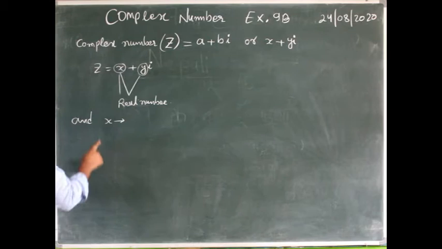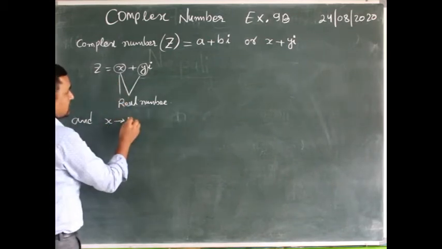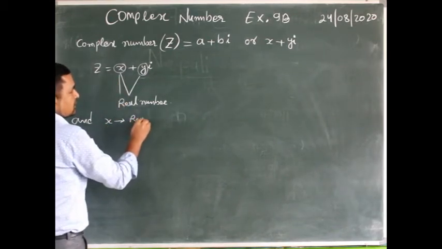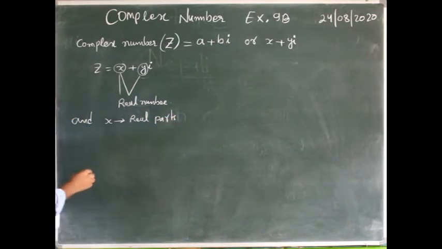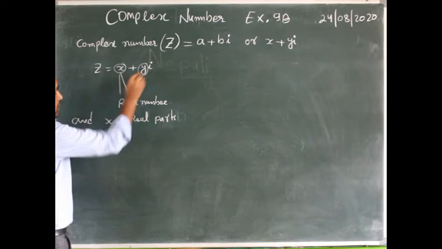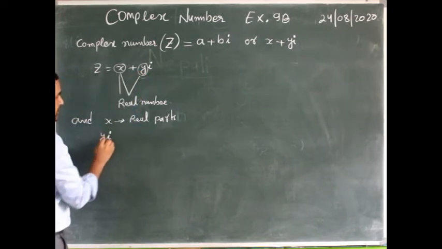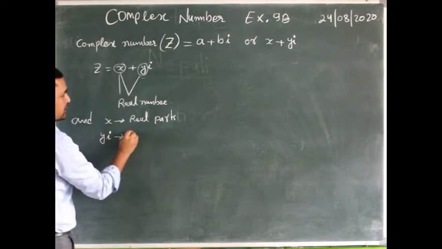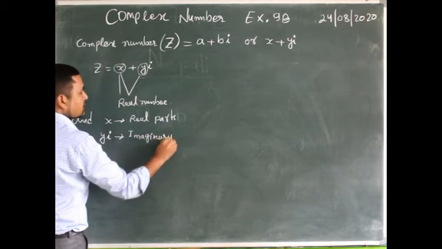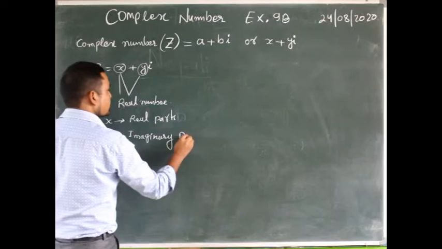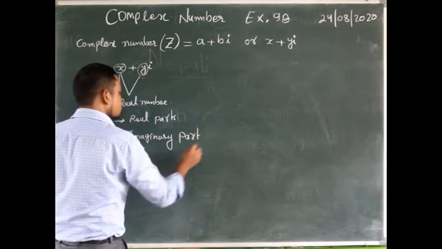X is called the real part of the complex number. Then yi is called the imaginary part of the complex number.